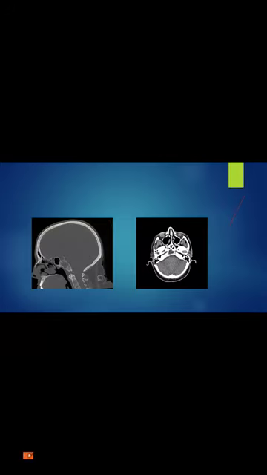Okay, so clival lytic lesion, yes, that's correct. What could it be? What is the differential here? Metastasis. Chordoma. Benign looking, yes, it's regular, continuous cortical.